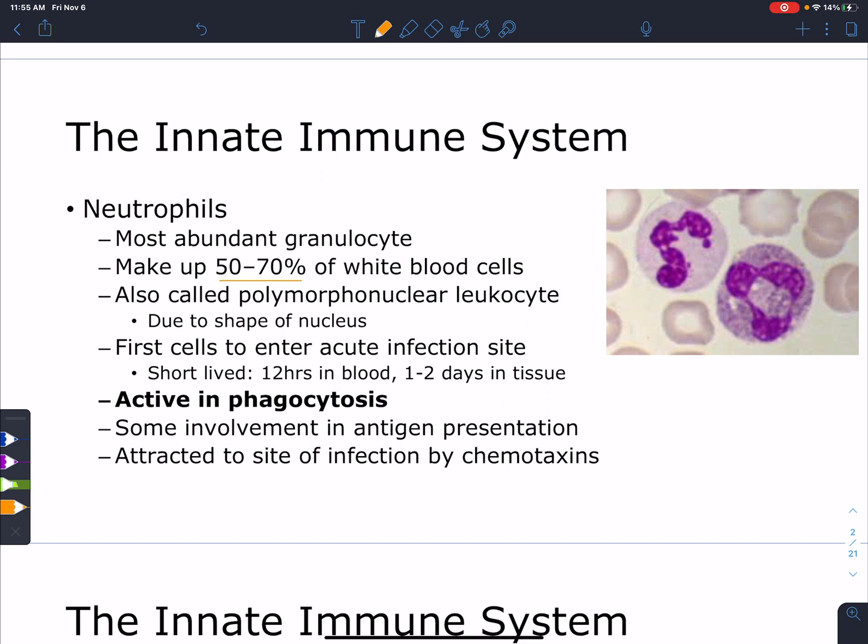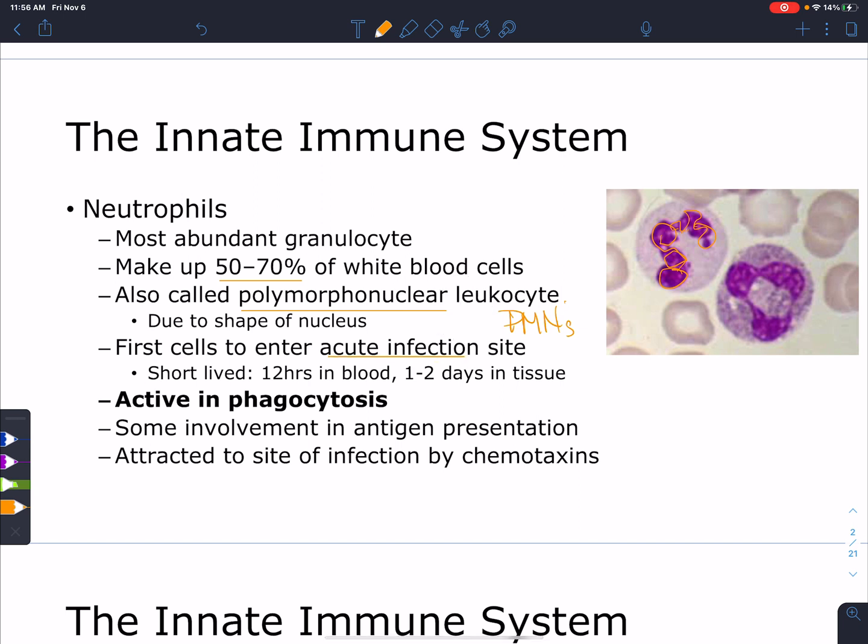You'll see it called a polymorphonuclear, or you might see someone write a PMN. It's your PMNs, and that's due to the shape here. You can see how that's drawn there. It's polymorphonuclear. This is the first cell to enter the site for an acute infection.